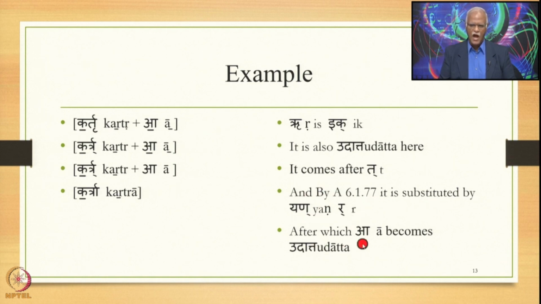After which a, which is anudatta, now by the application of 6.174 this a becomes udatta. In this way the forms kartra, kartre, kartroho can be explained. Here the Sutra 6.174 plays a very crucial role, which takes 6.177 as an input.